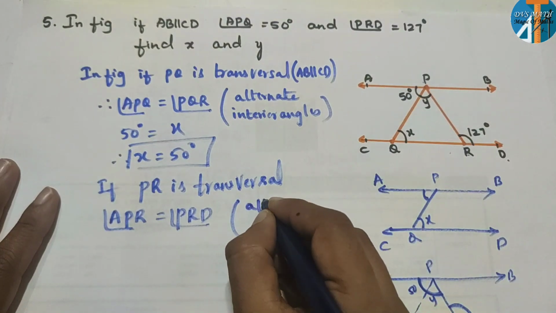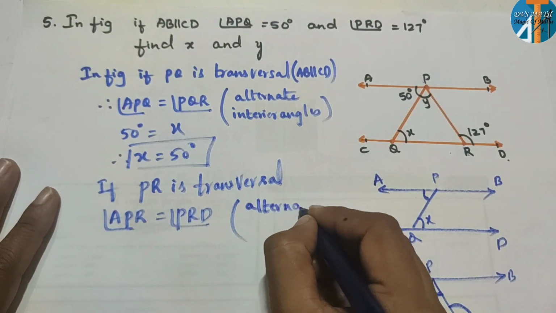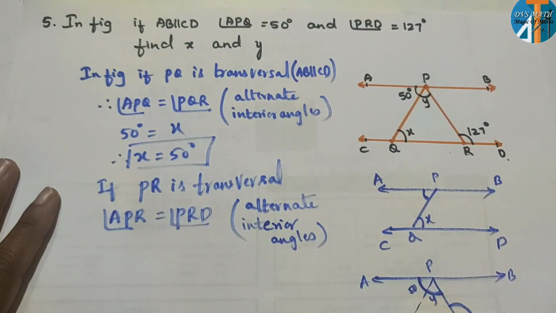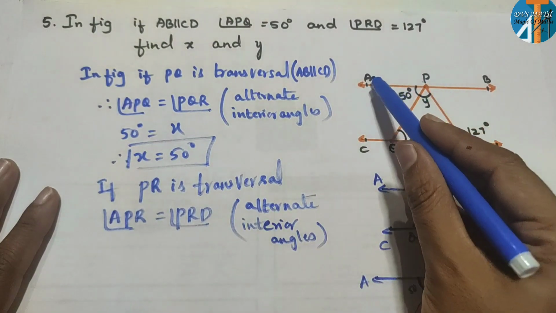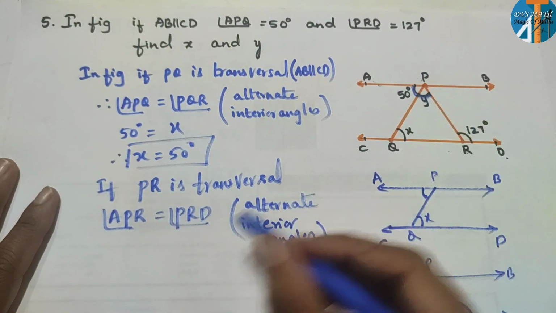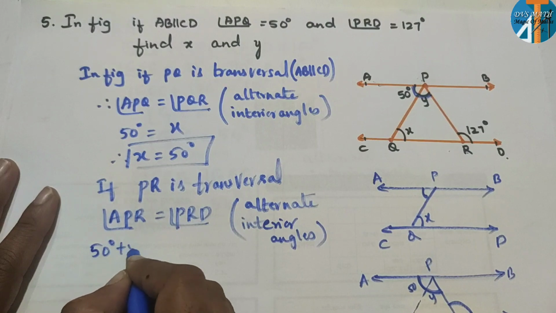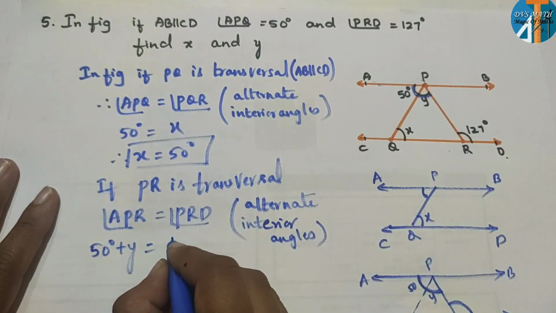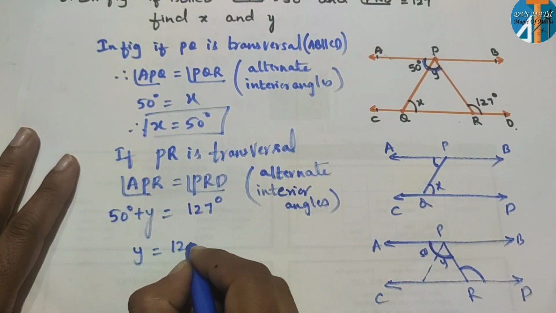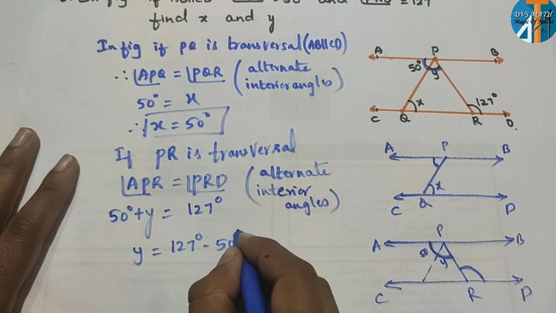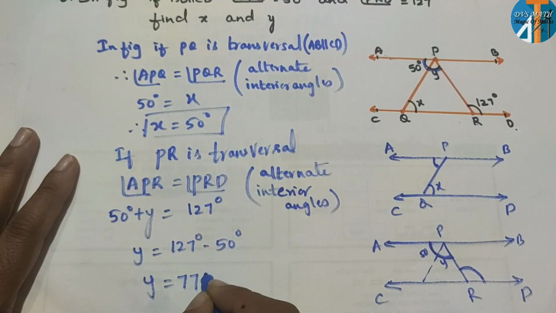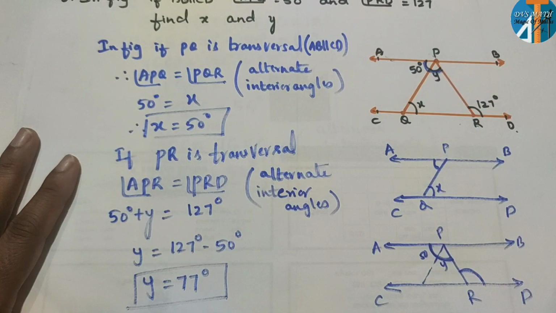Again you have to write alternate interior angles. Now APR is a combination of these two, that is 50 degree plus y is equal to 127 degree. It is very simple. y is equal to 127 degree minus 50 degree. 127 minus 50 degree, so y is equal to 77 degree.